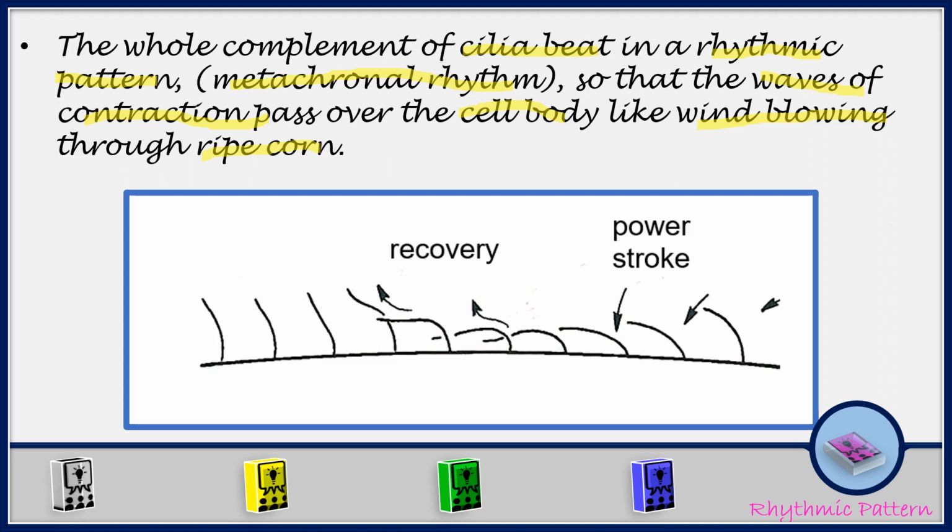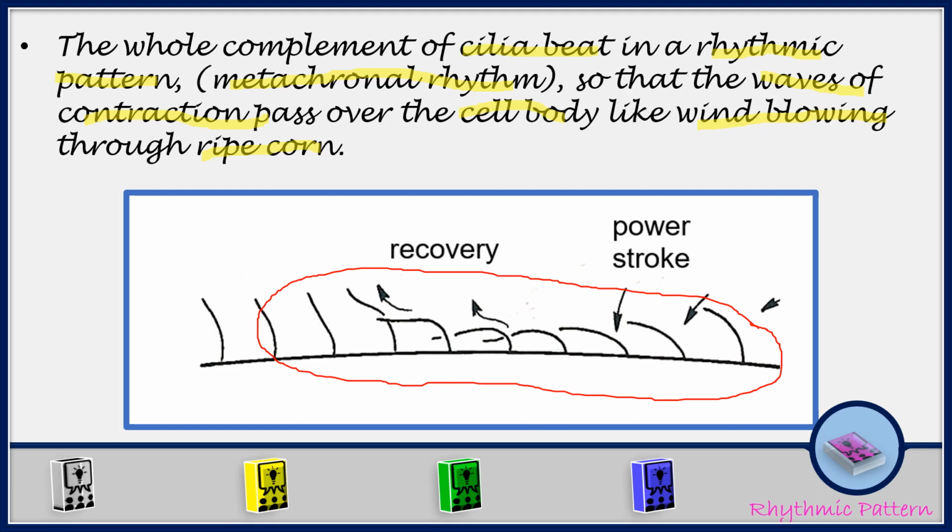So there are the cilia when they are moving and making the power stroke and a recovery stroke. The cilia beat in a rhythmic pattern.